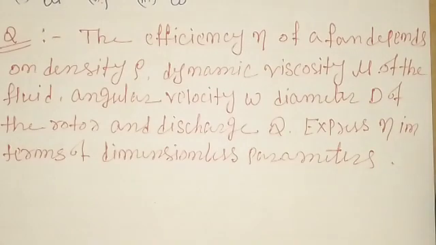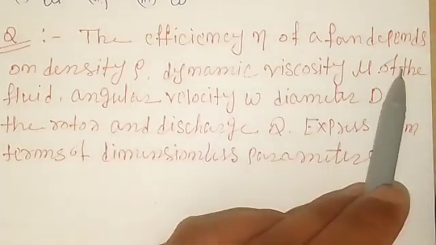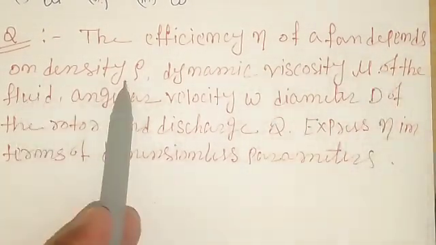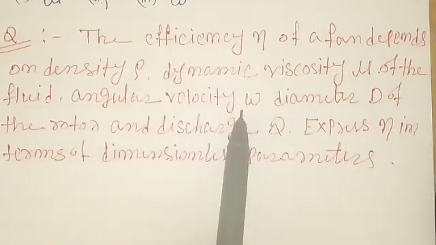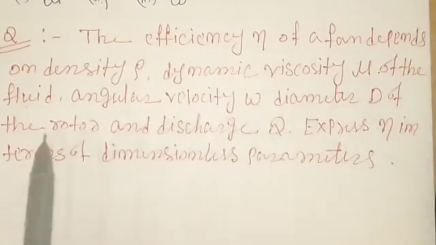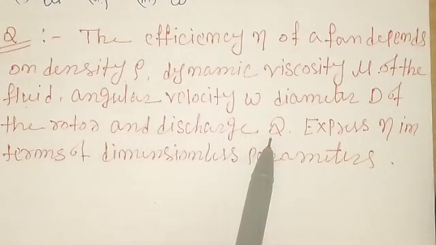The problem on the screen, please write it down: the efficiency eta of a fan depends on the density rho, dynamic viscosity mu of the fluid, angular velocity omega, diameter D of the rotor and discharge Q. Express eta in terms of dimensionless parameters, right?